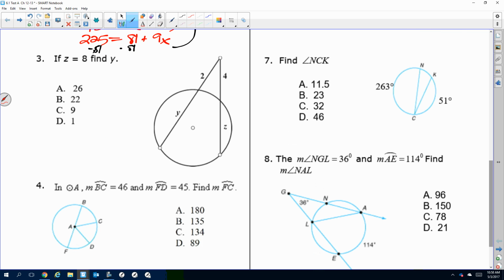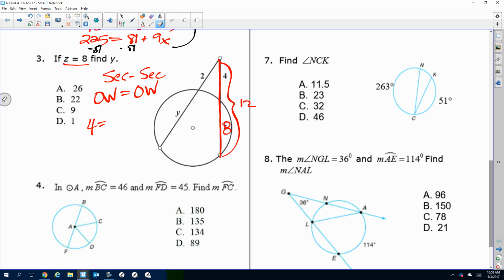Now number 3. This one is secant. The secant rule says outside times the whole equals outside times the whole. They tell me z is 8, so I'm going to change that to 8 right there. This is the whole secant. The outside part is the 4. It's equal to the whole secant, meaning I have to add those together. That's 12. So outside times the whole, 4 times 12, equals, well, then I go to my other secant.